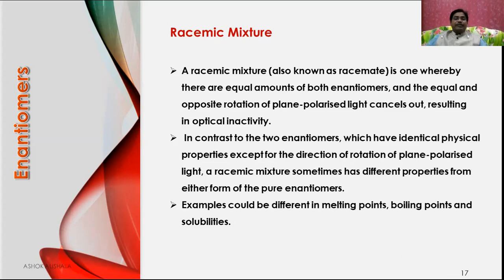Sometimes the racemic mixture may show different properties from its isomers, that is, from the dextrorotatory and the levorotatory forms, like boiling point, melting point, and solubility.